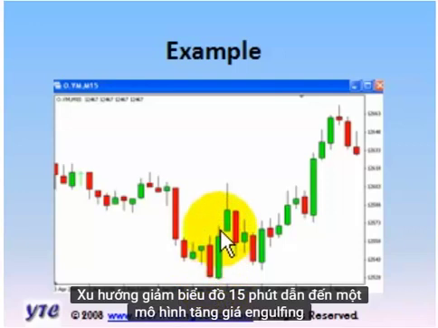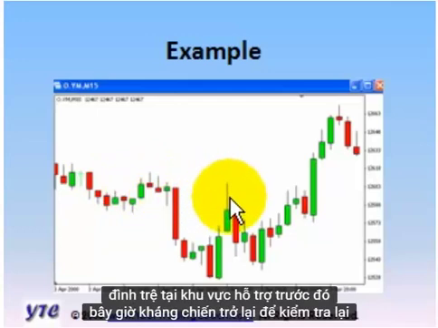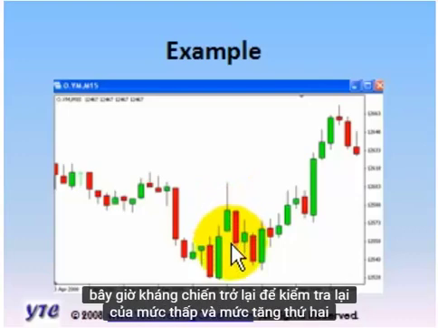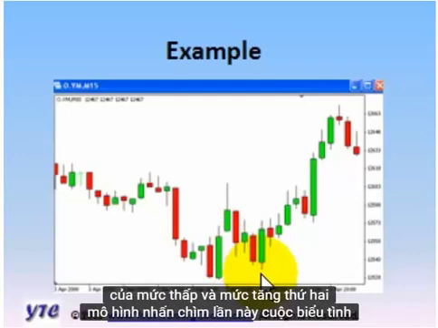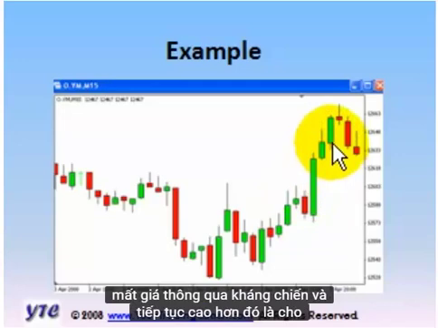Price rallies, stalling at the previous area of support, now resistance, comes back for a retest of the lows and a second bullish engulfing pattern. This time the rally takes price through the resistance and continues higher.